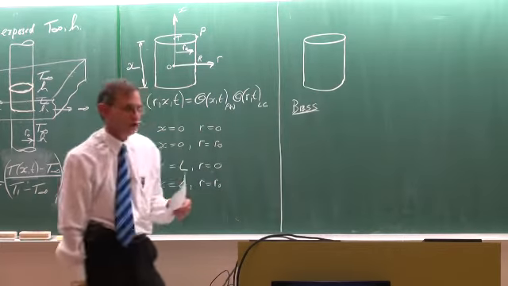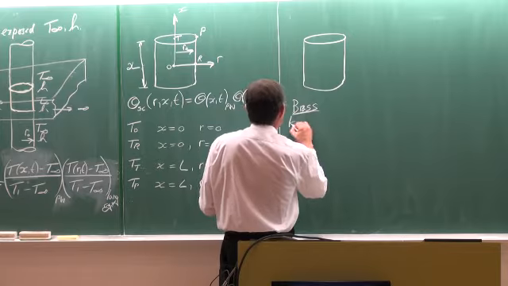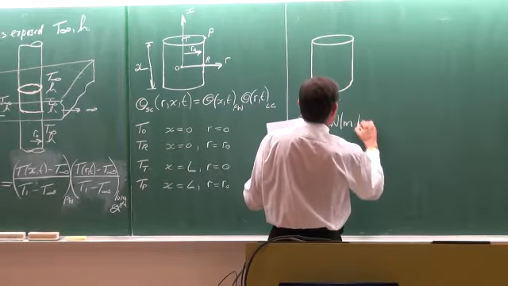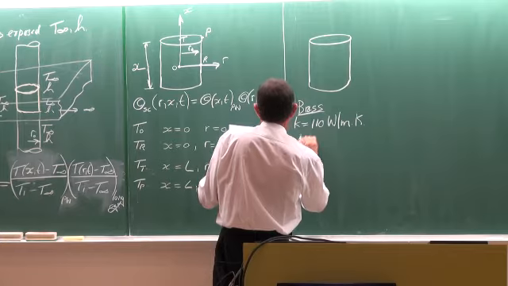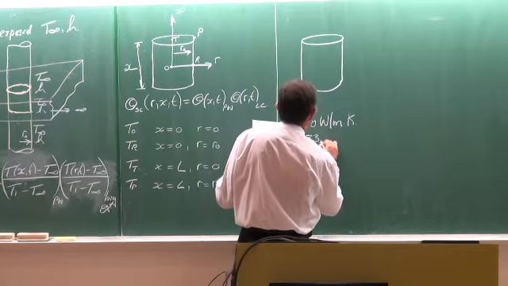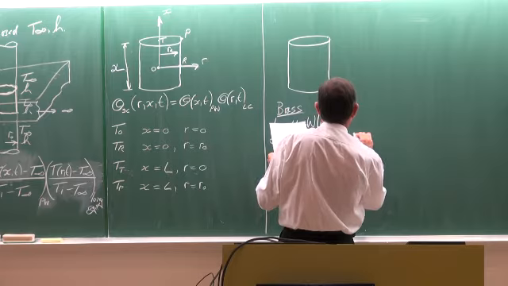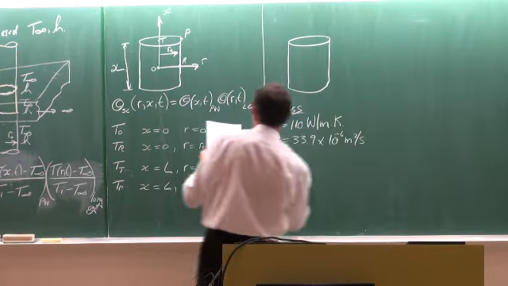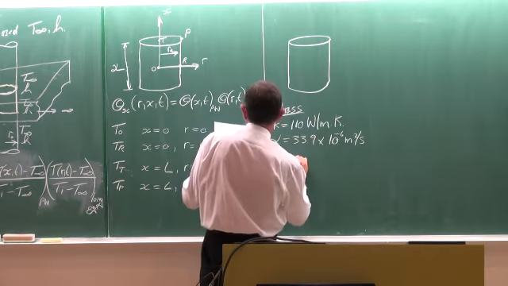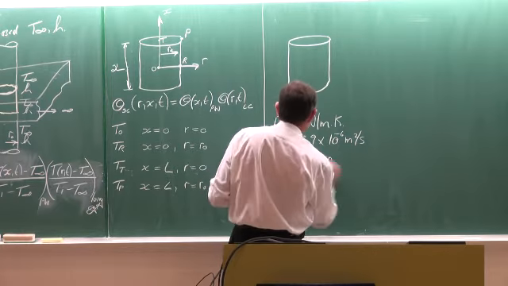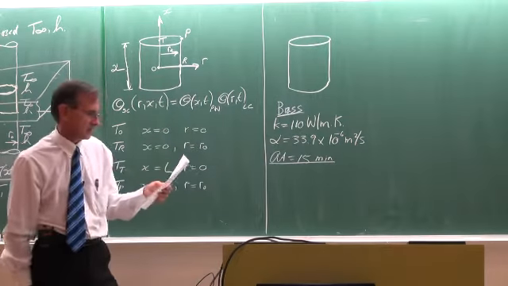I'm going to read it to you just now. The K value is given as 110 watts per meter Kelvin. Alpha is equal to 33.9 multiplied by 10 to the minus 6 square meters per second. And at 15 minutes, they want to know the following.